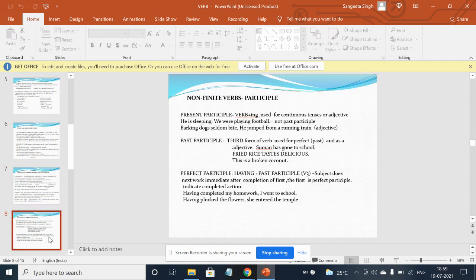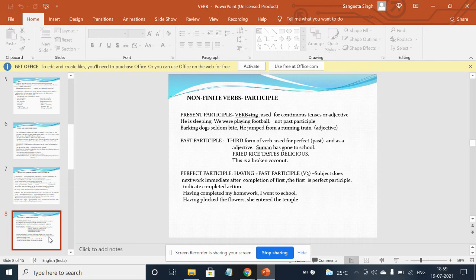Now, participle is the third type of non-finite verb. The first is present participle. In this, verb plus ing is used for continuous tenses or as an adjective. He is sleeping. We were playing football.